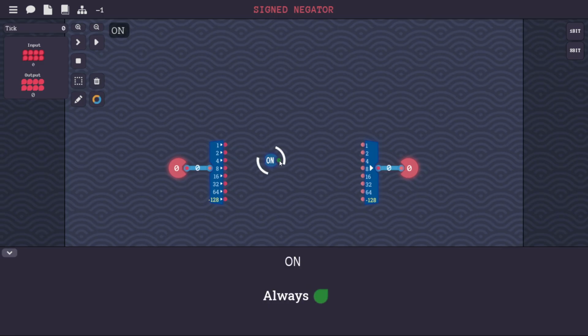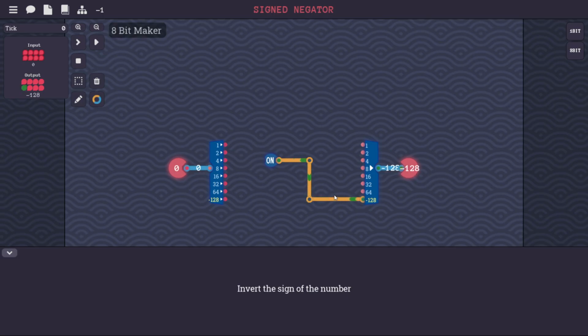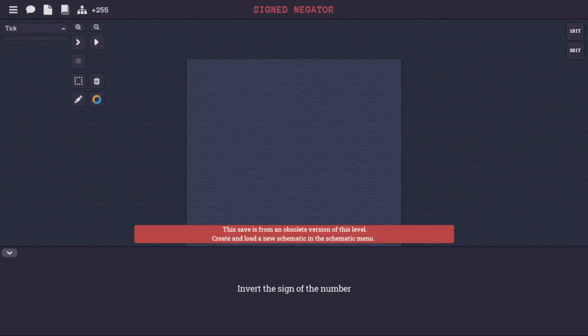This is an always on component. That means by turning this on, I have negative 128. For some reason this level crashed.